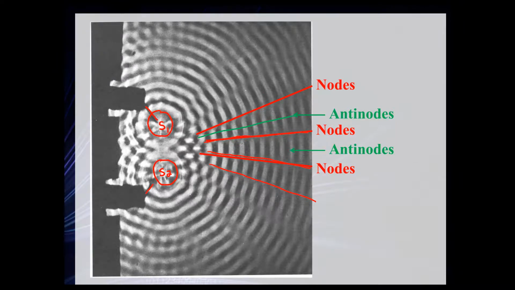What I can see is there are some dark spots and some light spots. The dark spots on here would be a trough, and these lighter portions here would be a crest.